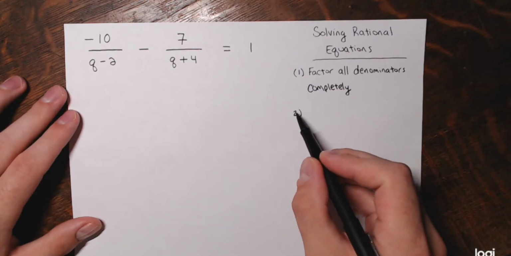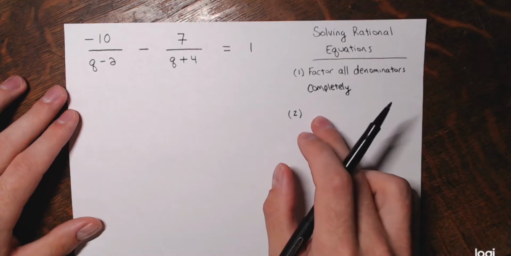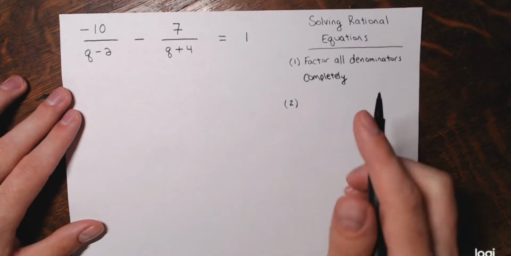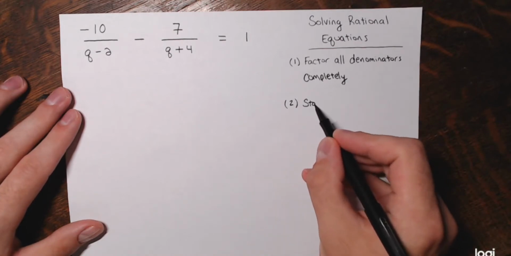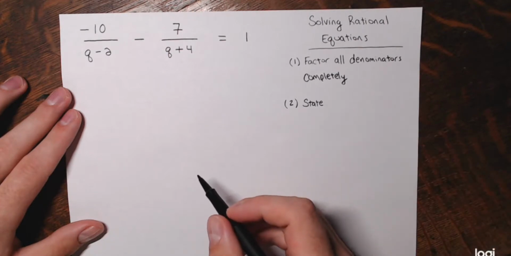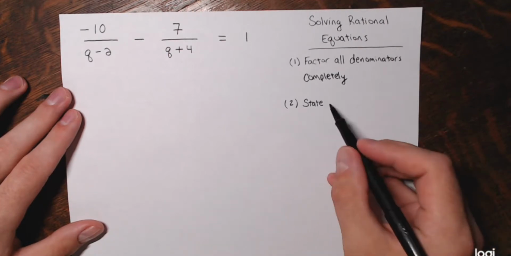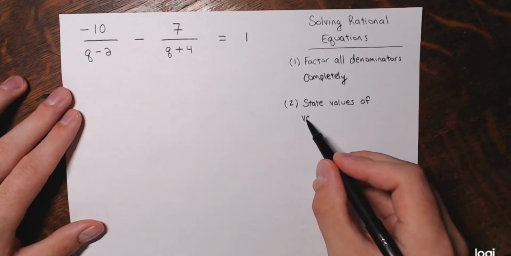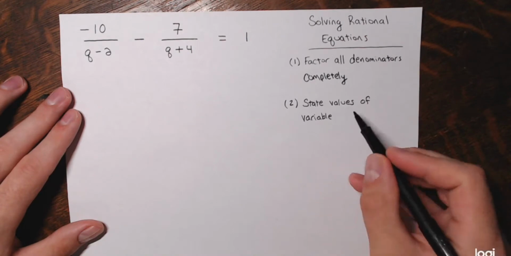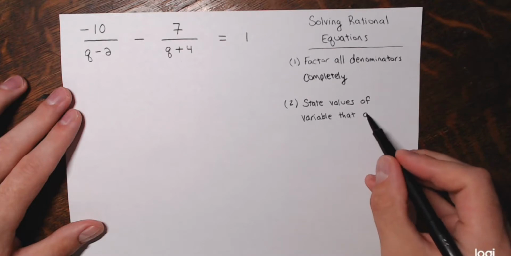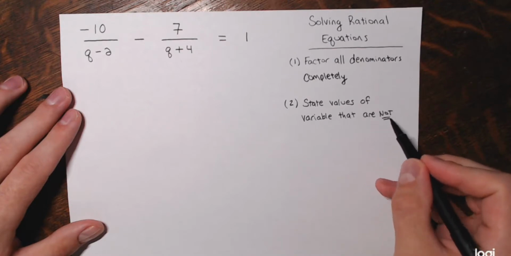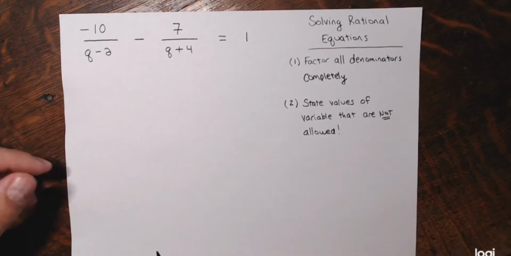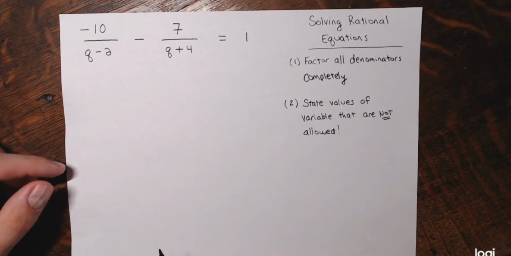Okay. The next step I'm going to do just for our benefit later when we're checking our solutions to the equation. I'm going to state values of the variable that are not allowed, meaning makes any denominator 0.